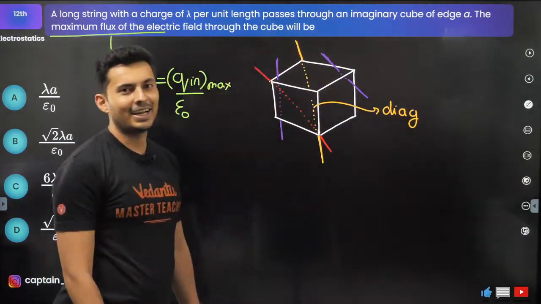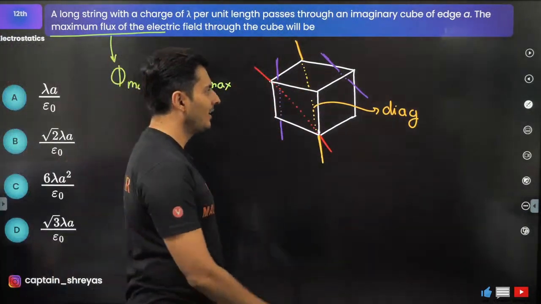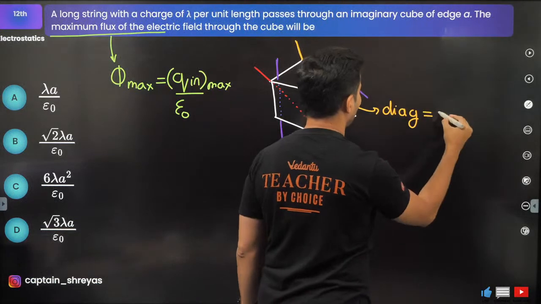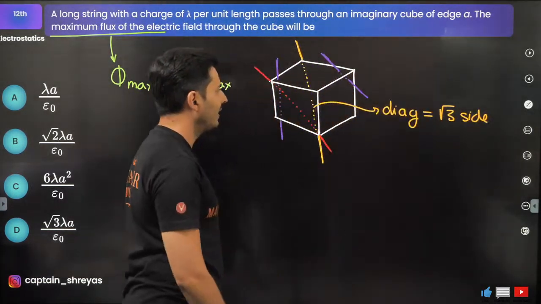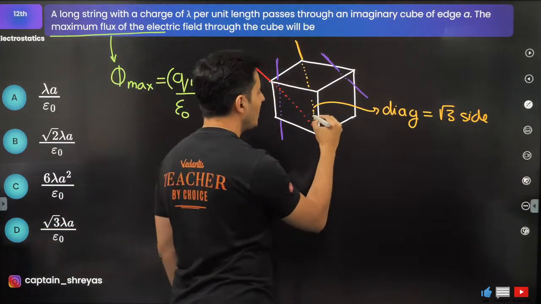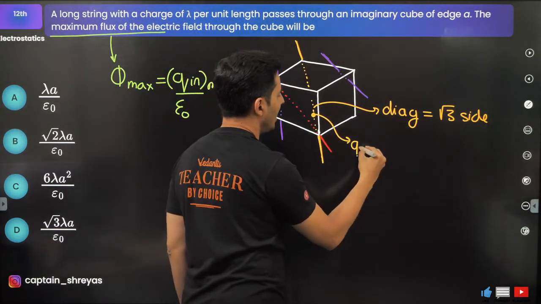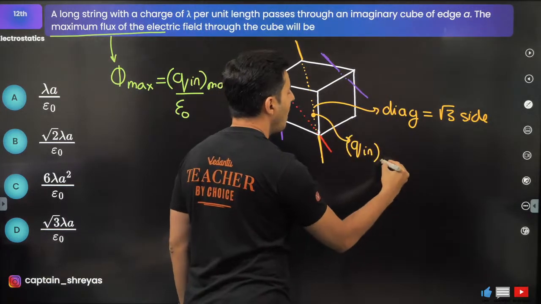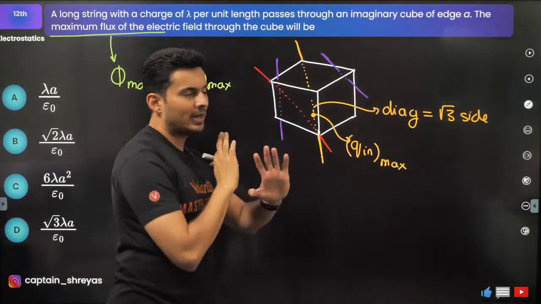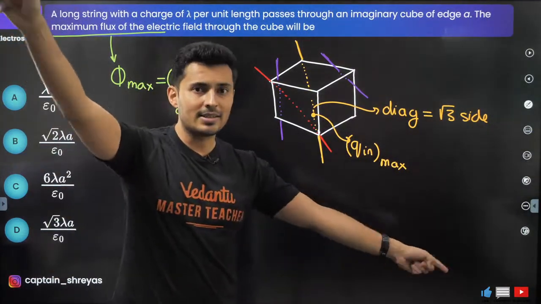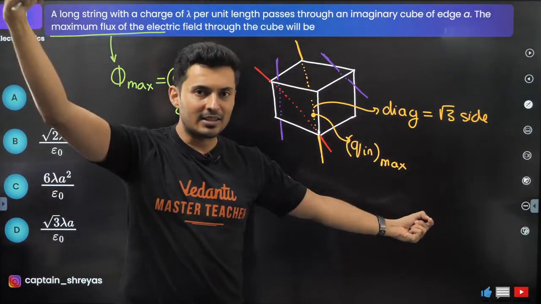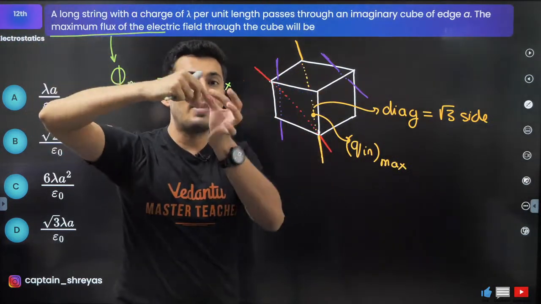What is the length of the diagonal of any cube? The length of a diagonal of any cube is √3 times the side. Why am I referring to that? Because I want to find out what is the charge inside, because this is the max charge possible. No matter what you do, from one vertex to the opposite vertex, the diagonal which passes through the center of the cube will have the maximum length.